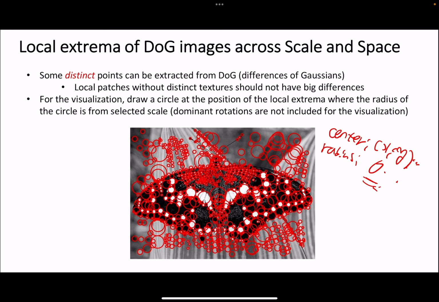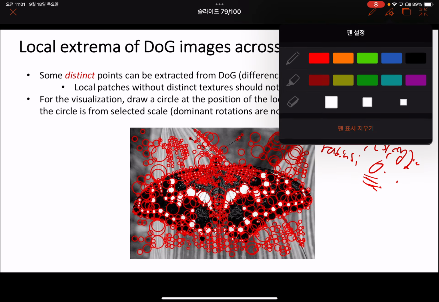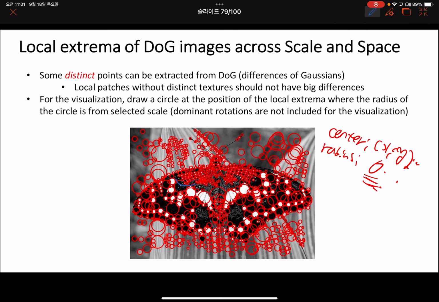The center of the circle means position of the point, and the radius of the circle means the standard deviation of the Gaussian filter. As you can see, if there's a very small detailed texture and patterns, the size of the circle is very small. Let me change the color. You can see here, the size of the circle is very small when there is a very small scale, fine, detailed texture and patterns.